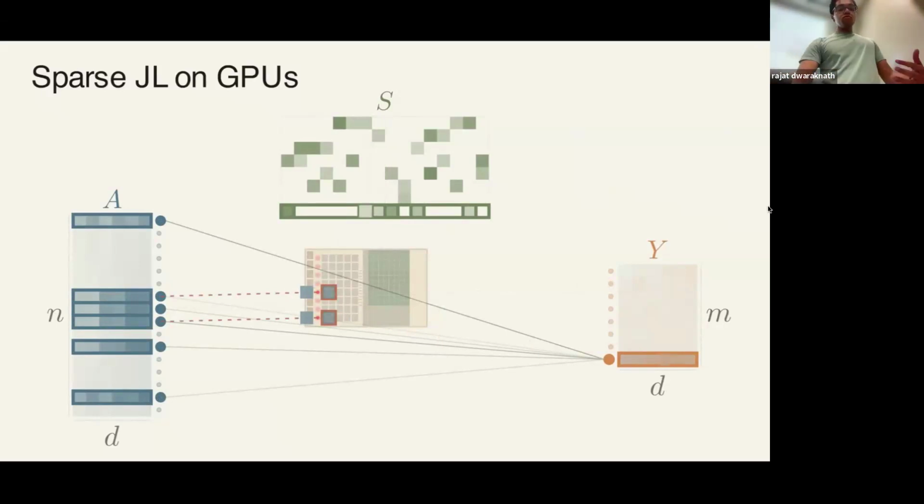What you need to do instead is serialize them. The way you do this is using something called an atomic update. If two threads want to work on one thing, you force them to go in a line. So this thread does its compute first, and once it's done, the next thread can take its turn and do its version of the addition.